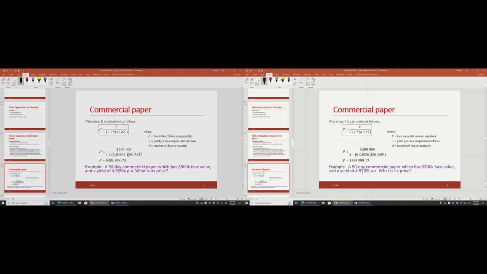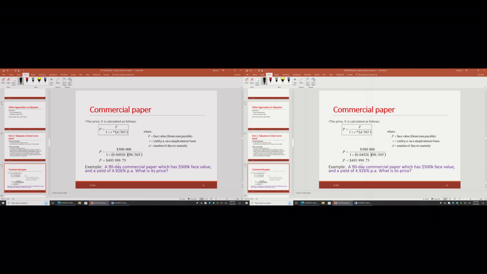It just means that we're going to pay $493,999.33 to have this commercial paper, and 90 days later, I will receive $500,000.